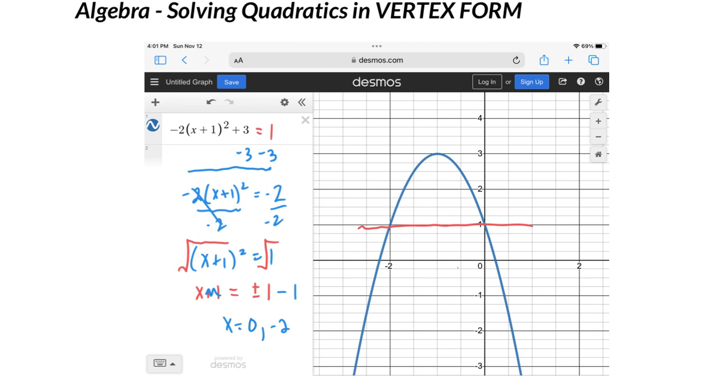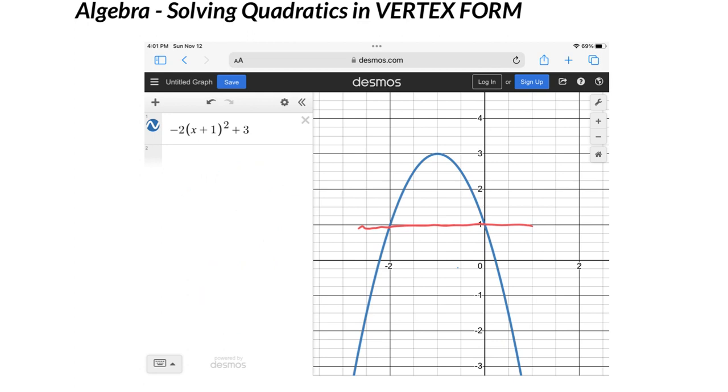Now, one thing I just want to point out here before we end. If I said, when is this going to be equal to 7? Now, 7, obviously, it's up here. It's even off my screen. This graph, that's not even in its range. It's never going to be up at 7. Well, let me show you how solving would catch that. Let's say you subtracted your 3, just like always.